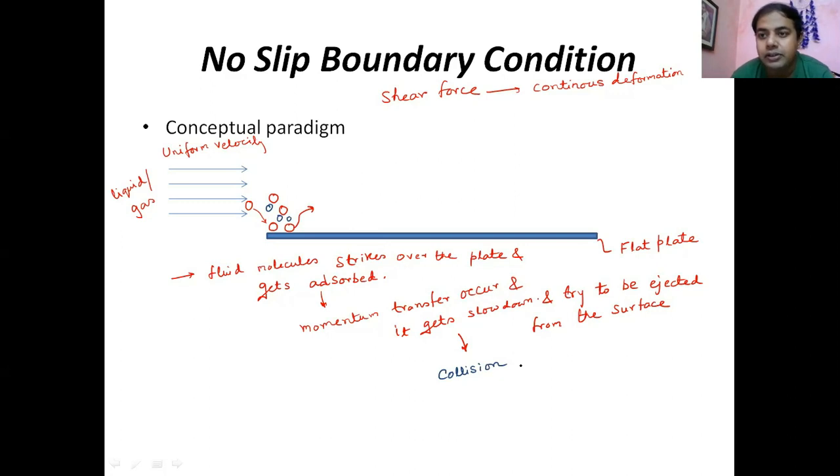In between two molecules also the momentum transfer will happen. Whenever these molecules are about to be ejected, other molecules come and cause collisions. An infinite number of molecules will come and cause an infinite number of collisions.